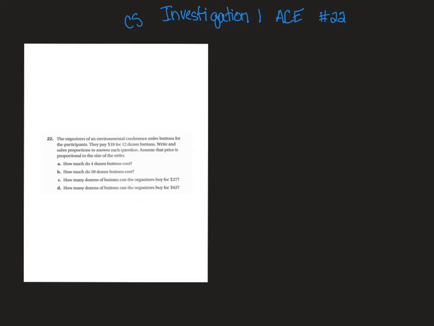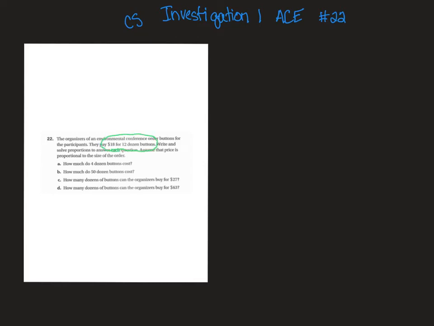There's a group and they ordered buttons for participants, kind of like we do for booster club, sports buttons or whatever. So they're getting buttons and they're paying $18 for 12 dozen buttons. Okay, so it says write a proportion, answer each question, assume that the price is proportional to each size. But the thing I really need right away is this.